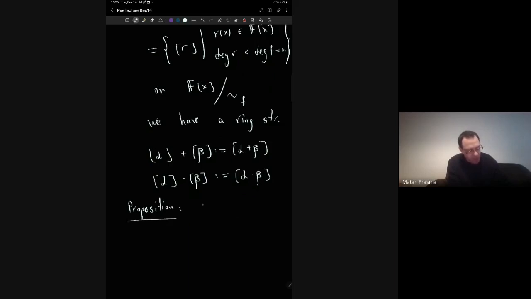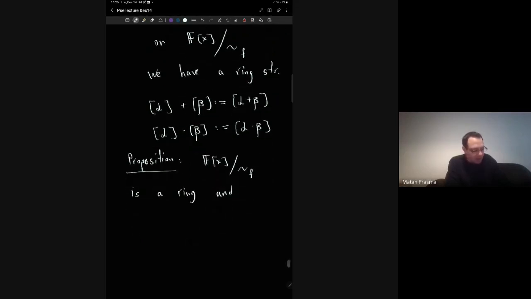And the summary is that F[x] modulo the equivalence relation induced by a polynomial is a ring, and it is isomorphic as a ring to what we denoted as F[x] modulo f.